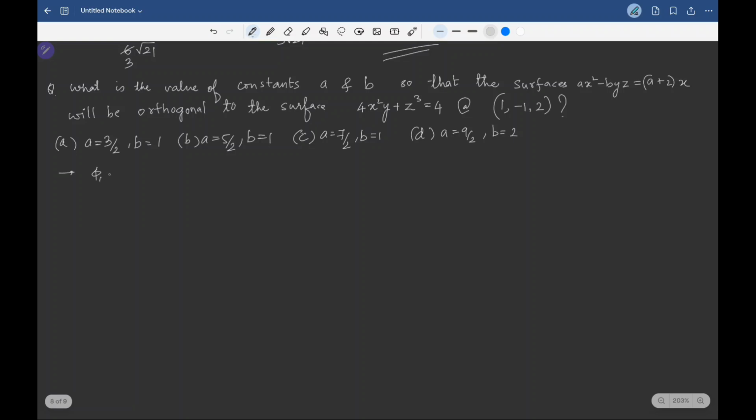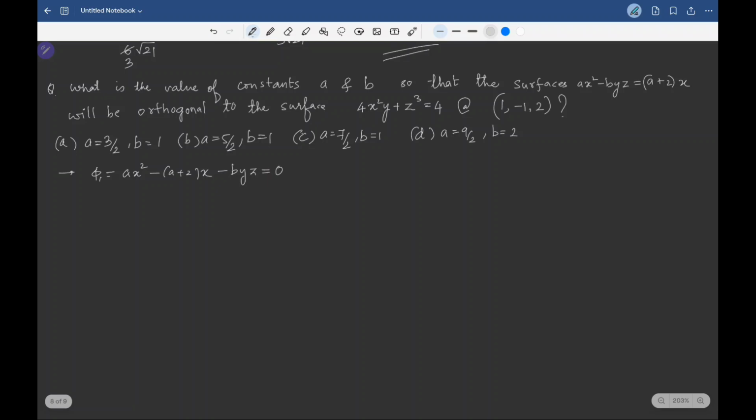Surfaces are given by phi 1 is what we have, x squared, I'm writing it directly here, minus a plus 2 times x. I am bringing this side, so the calculation becomes easier. Minus byc is equal to 0.